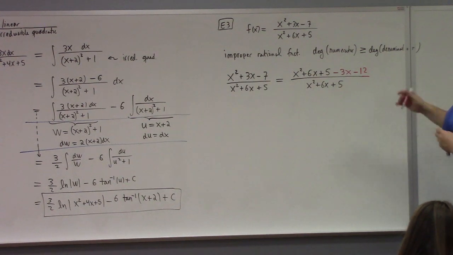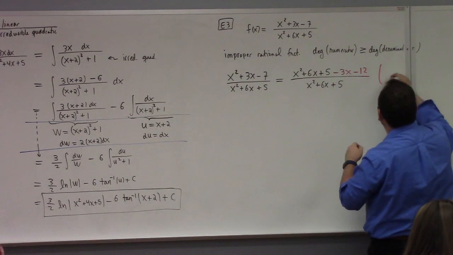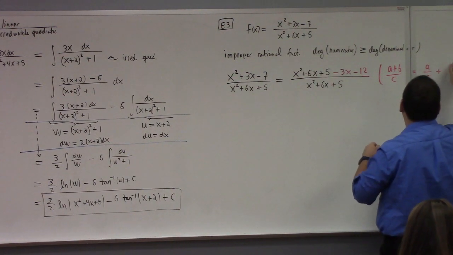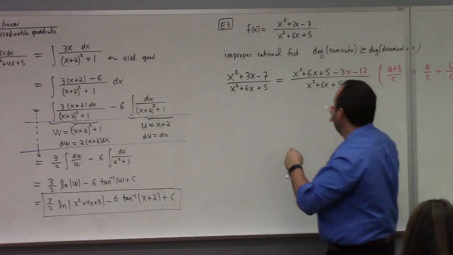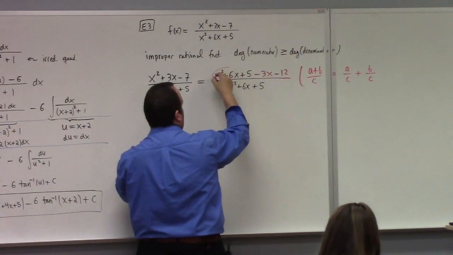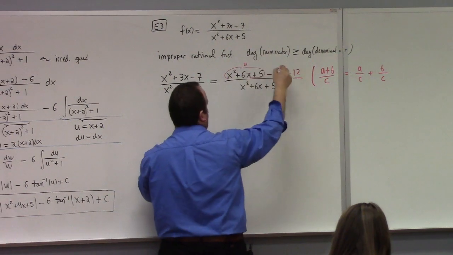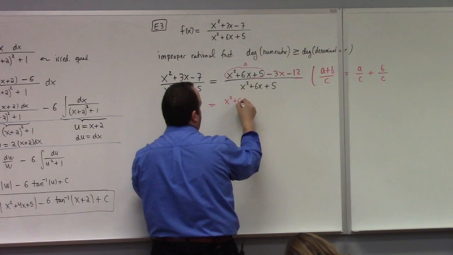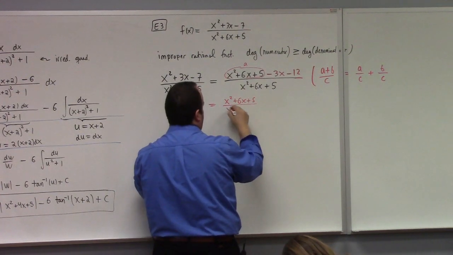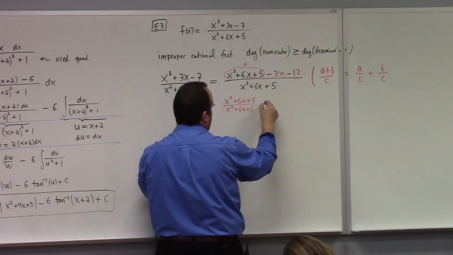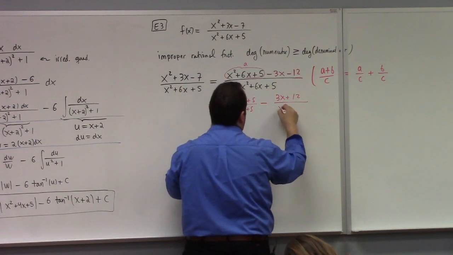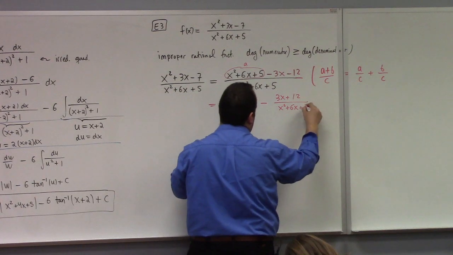So, and the reason to do this is pretty simple. If we have the pattern a plus b over c, well, that's equal to a over c plus b over c, right? But thinking of this whole first bit as quote-unquote a, that gives us x squared plus 6x plus 5 over x squared plus 6x plus 5 minus 3x plus 12 divided by x squared plus 6x plus 5.